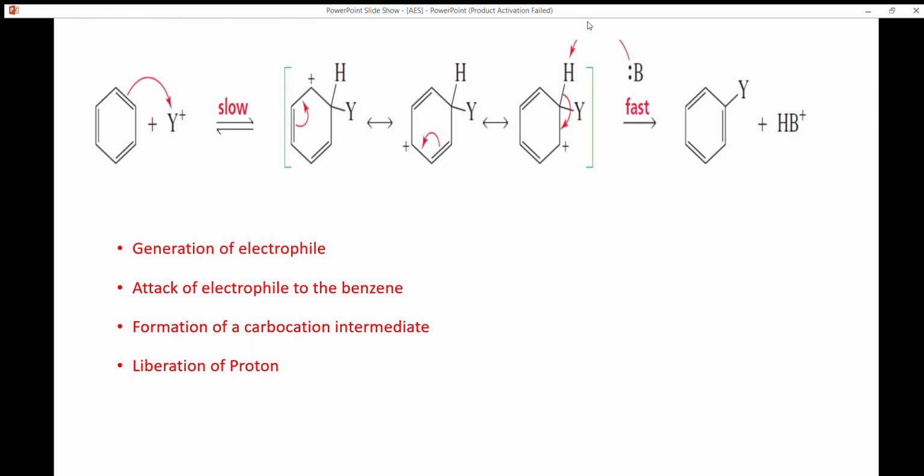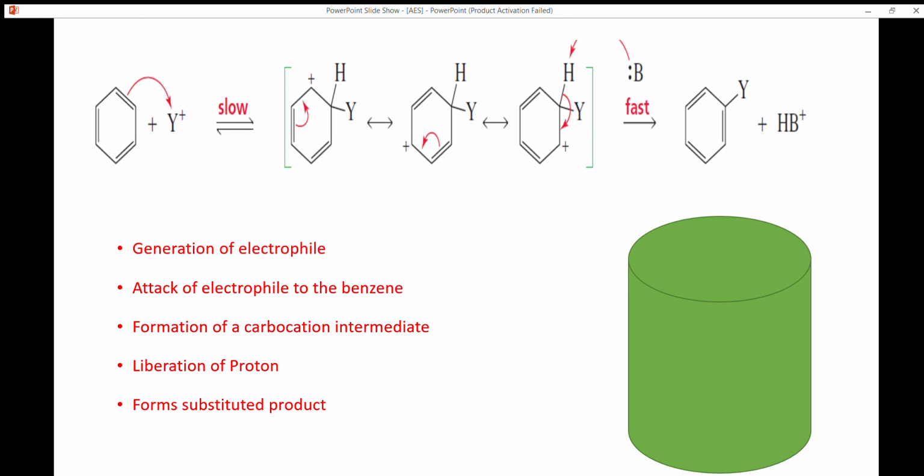That proton is captured by your base, and the last step is the formation of the substituted product. Okay, so this is the summarized reaction of electrophilic substitution.